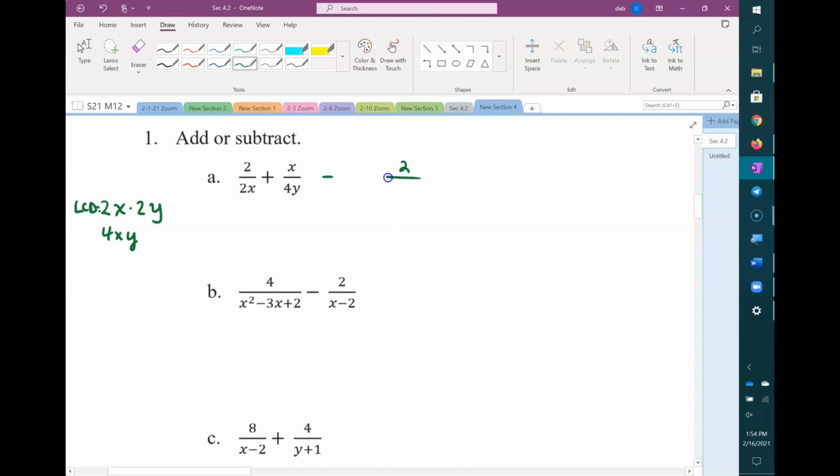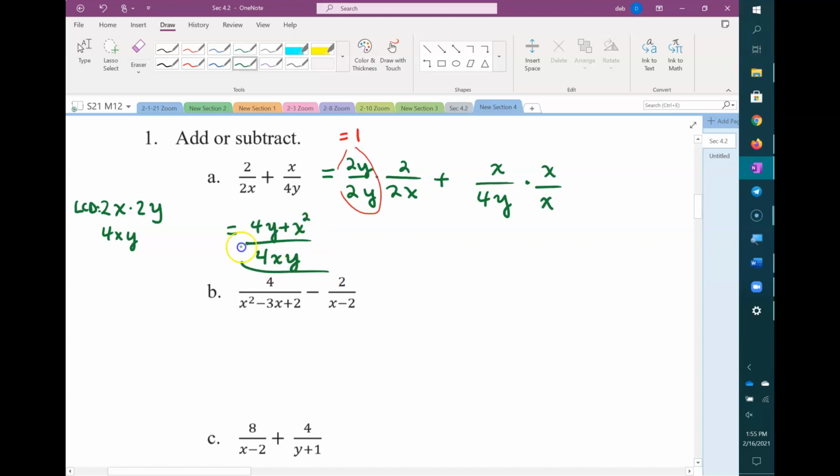For my first fraction, I need an additional factor of 2 and y, and the only way I can do that legally is to multiply the numerator and the denominator by 2y, because then that's equal to 1, and I can multiply by 1 anytime I want without changing anything. Then I have x over 4y, and I need x over x in order to have the common denominator. So then I'd have 4y plus x squared over the common denominator of 4xy, and that would be my final answer.